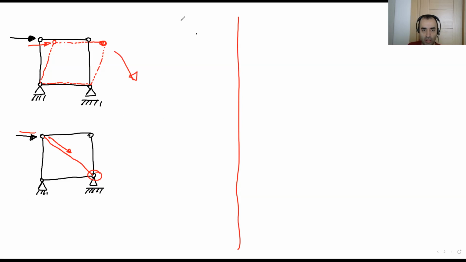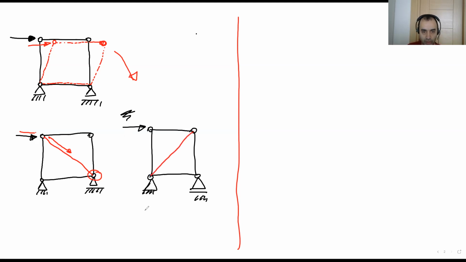Okay, let's change the problem again. Again, we have this rectangle with hinged corners. Here we have a force. Let's change the bracing orientation. Put it here.